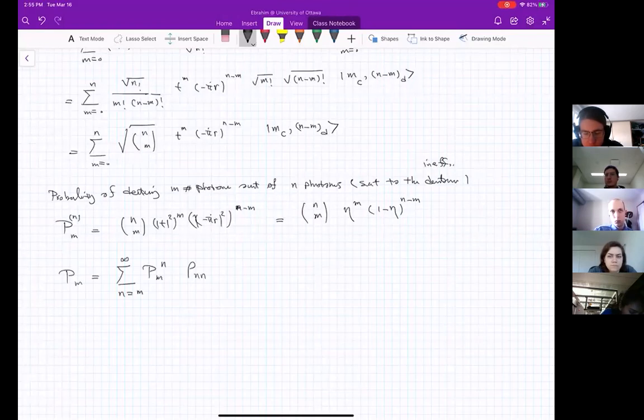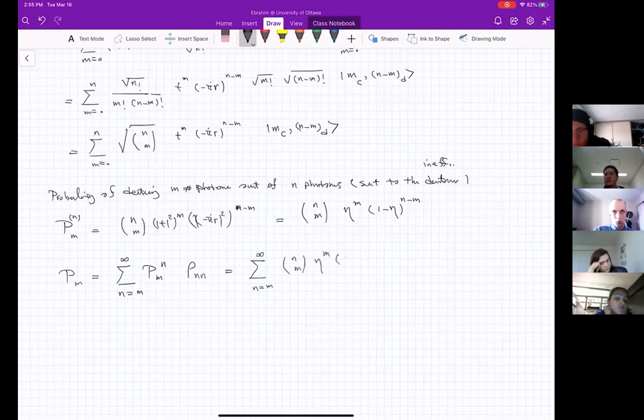So n should be greater than or equal to m in such a way that I can detect them. Then that is given by the sum from n equal to m to infinity of n choose m, eta to the power of m, 1 minus eta to the power of n minus m, and then rho_nn.